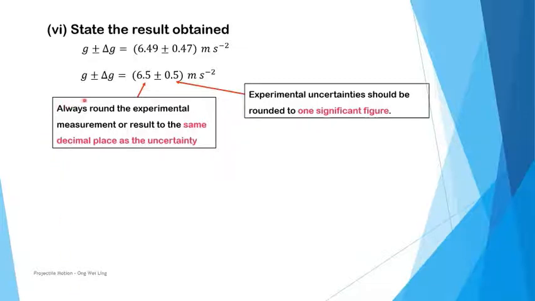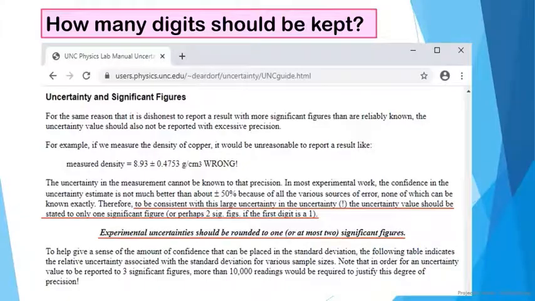Why 6.5? Always round the experimental measurement or result to the same decimal places as the uncertainty. Why 0.5? Experimental uncertainty should be rounded off to one significant figure. How many digits should be kept?